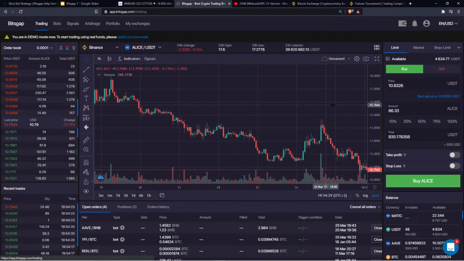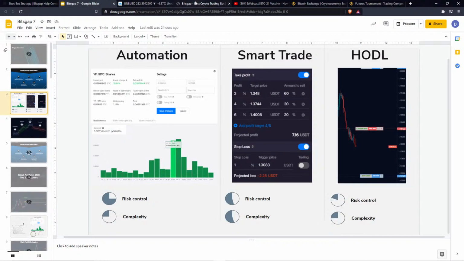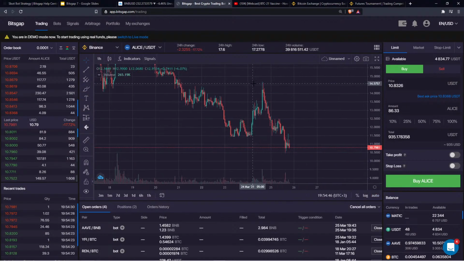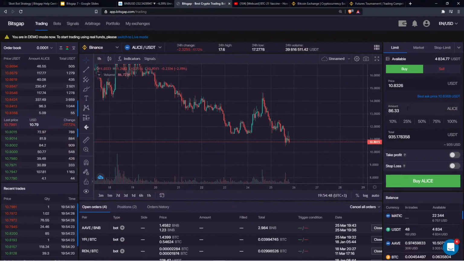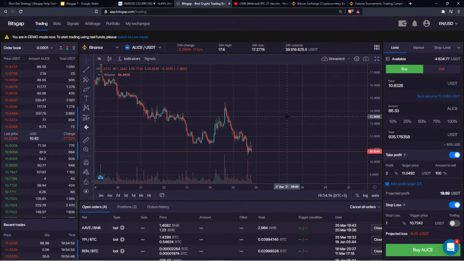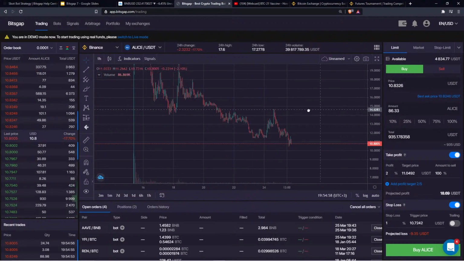So 20% goes to Bitcoin HODL, 50% goes to automation, and the rest 30% is something that you can use in this sandbox known as the smart trade mode. So use this 30% to find best entry and exit prices for various cryptocurrencies, play with take profit, play with the stop loss, so that you can create ultimate strategies to beat the market, okay?